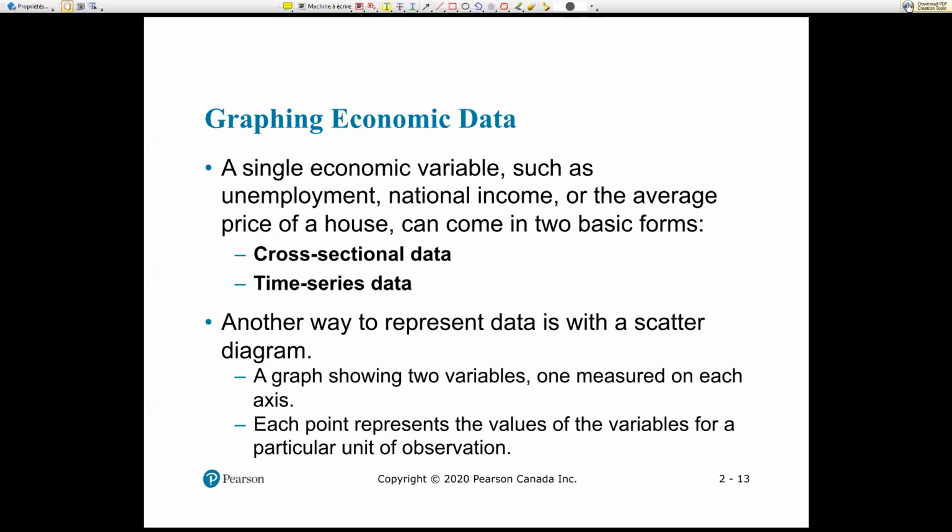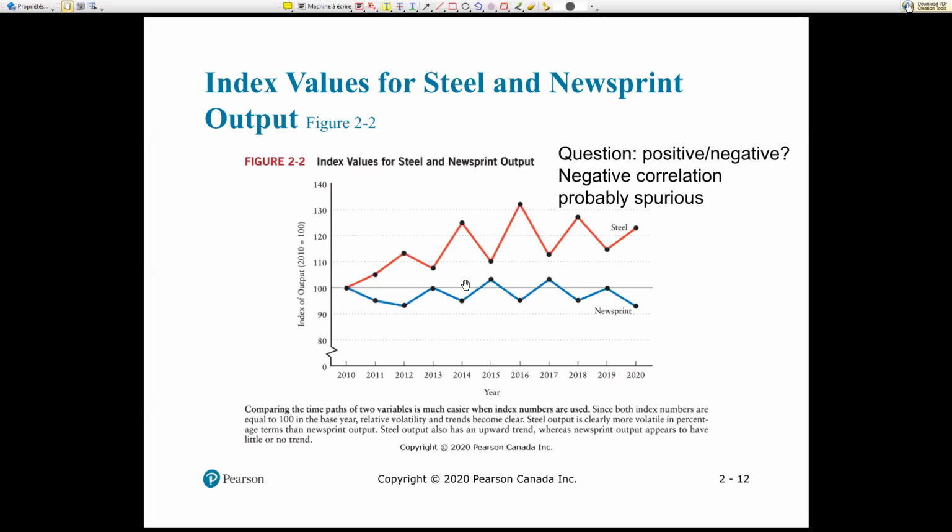Time series data is when you look at a single piece of data, but over time. So in that case, this is time series because, looking at newsprint, I have the same exact measurement, the newsprint output, but I measure it at different years: 2010, 2011, 2012, 2013.